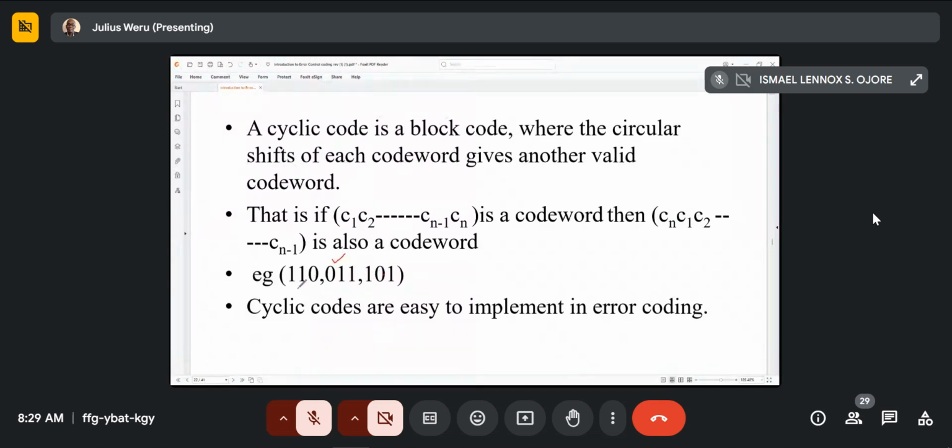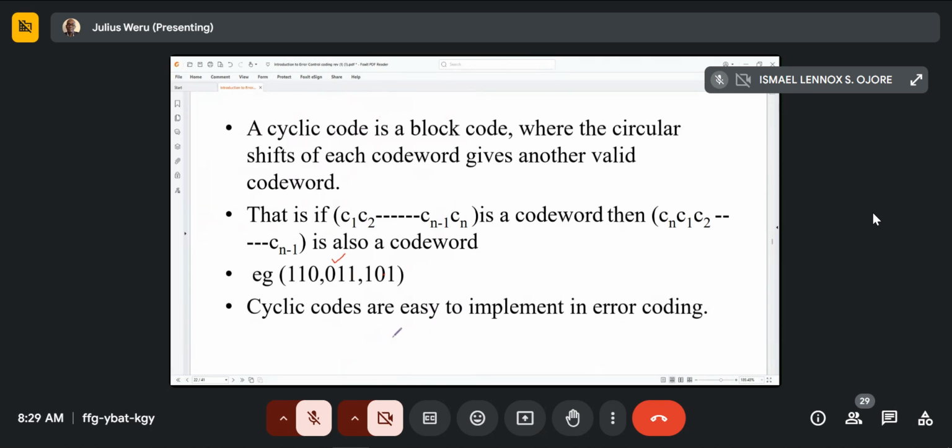And if you shift the base to the right and bring the last one to the front, you are going to get another code word. That's what we mean by cyclic codes. And we are going to see later why we are mentioning it, because we are going to do a lot with the BCH codes, which are cyclic.